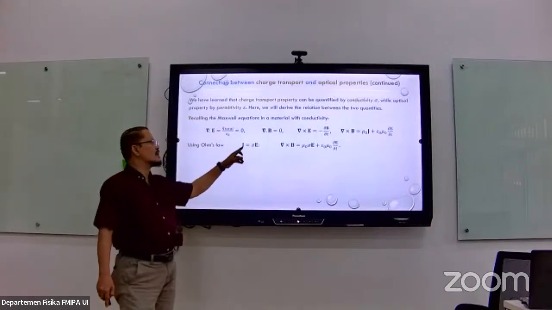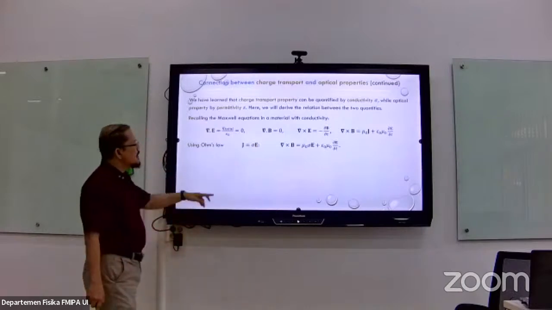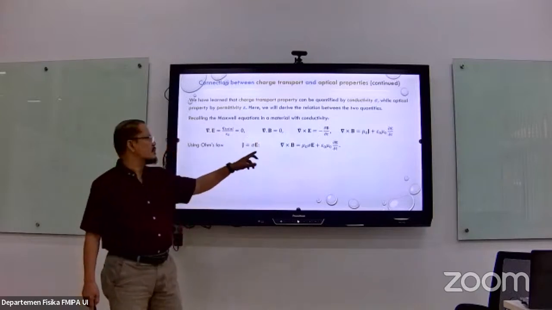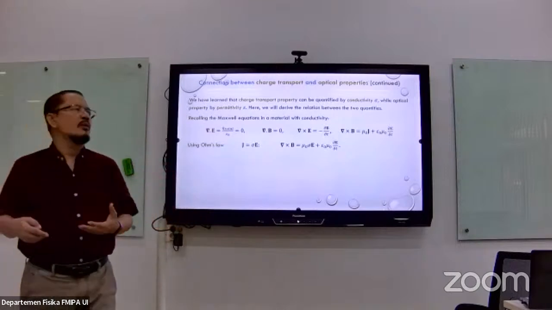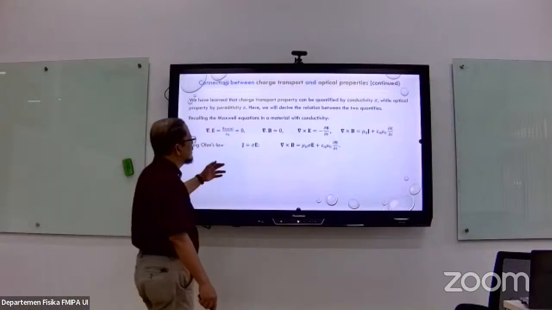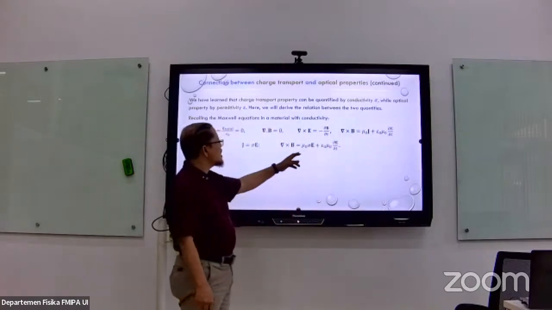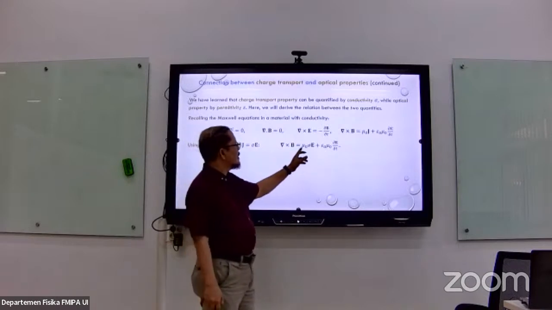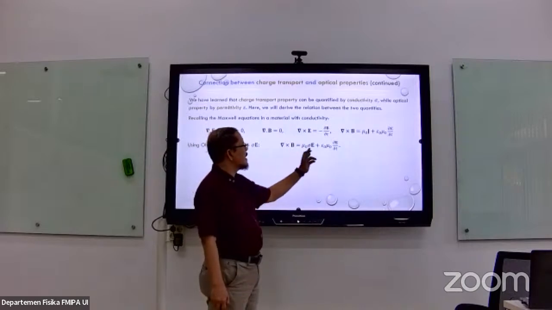Current density equals conductivity times E. So because of the presence of sigma in our system, the last equation of the Maxwell equations can be written to explicitly show the sigma dependence like this.